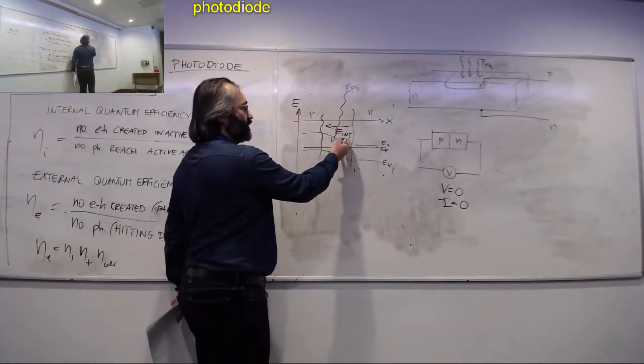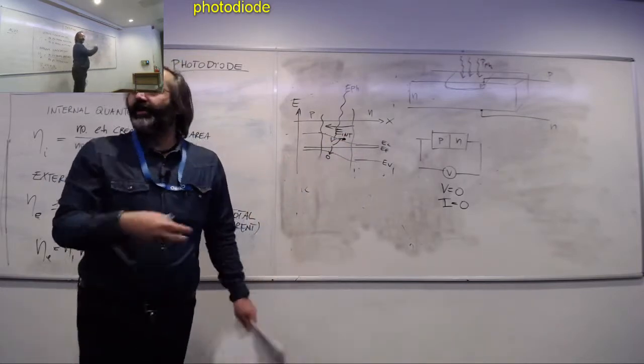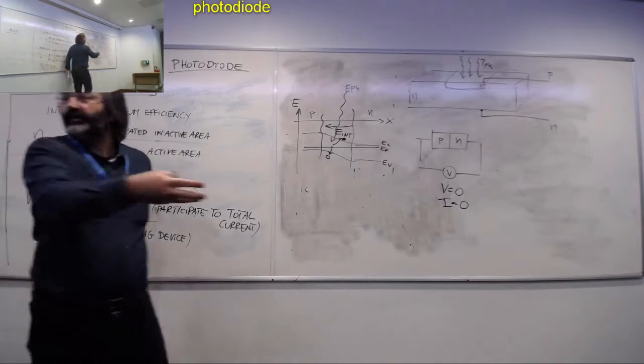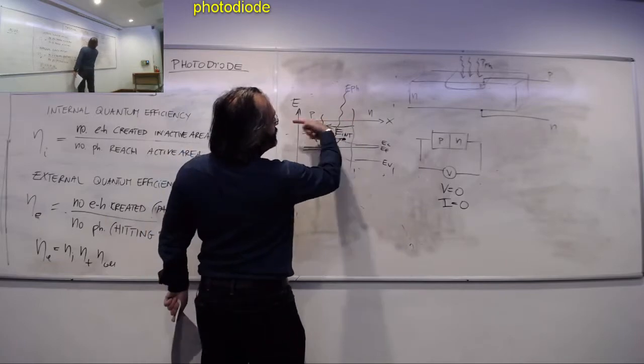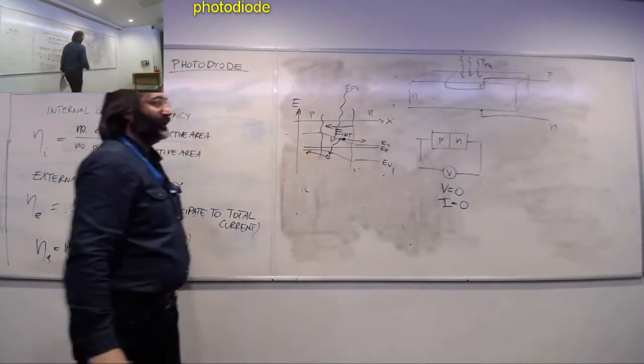This poor child will find itself in a region with an electric field, and so will move accordingly. So this electron moves that way, and this moves the other way.